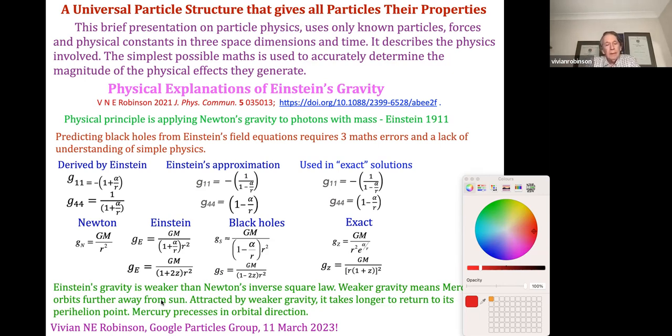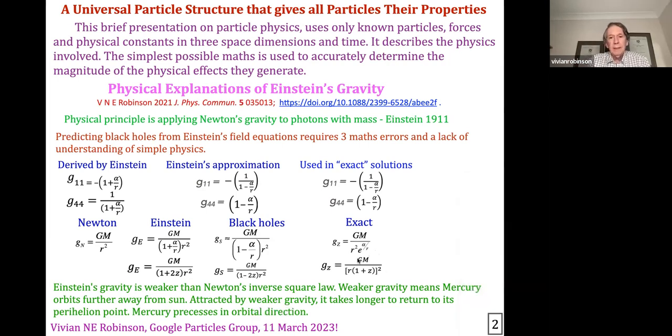Now, gravity being weaker than inverse square, causing a planet's orbit to precess, was worked out by Newton in 1687. This weaker gravity is entirely consistent with that.